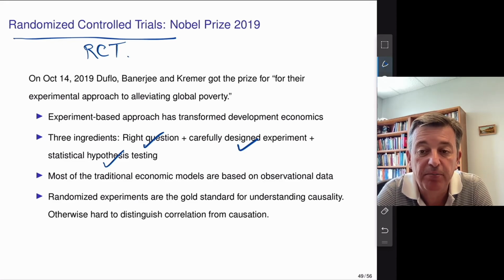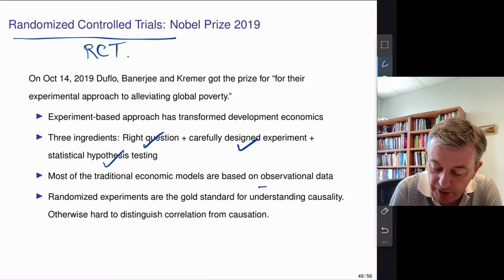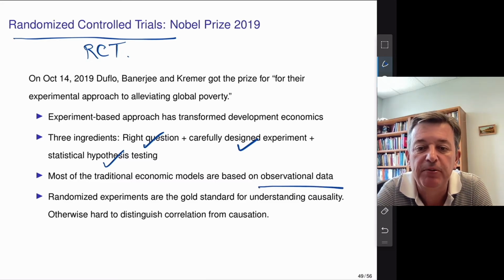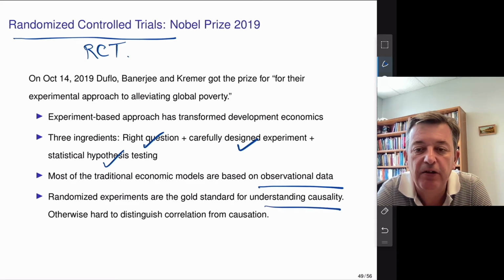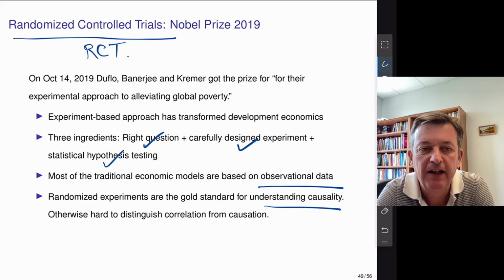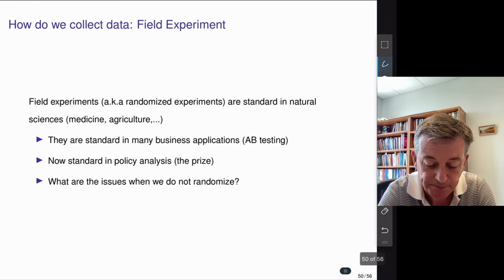Now, this experimental approach is growing in popularity for obvious reasons. Lots of economic data is just based purely on observational data, not carefully controlled randomized experiments. And they're becoming the gold standard for trying to understand causality. Of course, it's much more costly to design randomized controlled trials, and it generally takes a lot more time as well.